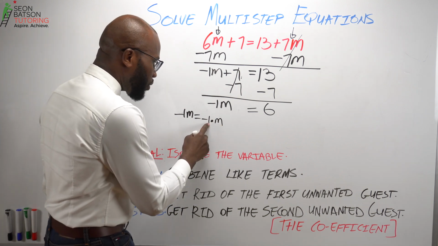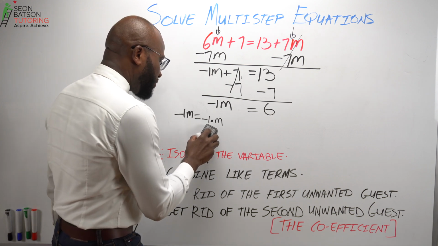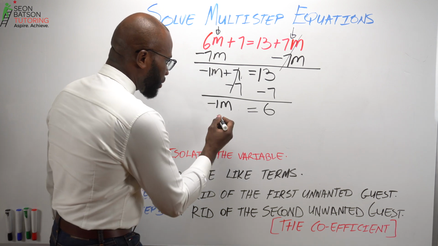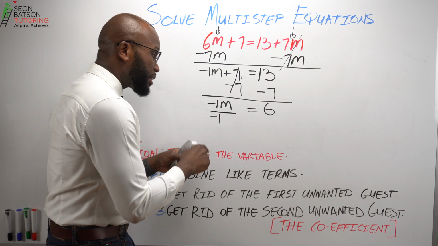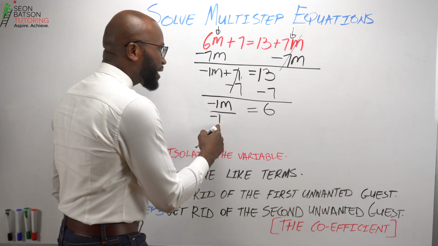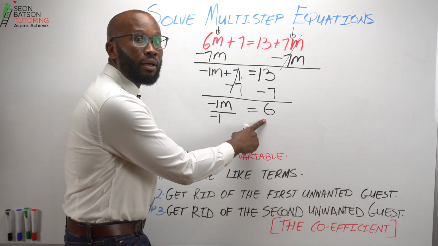So this negative 1 is multiplying the m. To get rid of the negative 1, we will have to divide by negative 1, because the opposite of multiplying is dividing. If we divide by negative 1 on the left side, we must divide by negative 1 on the right side.